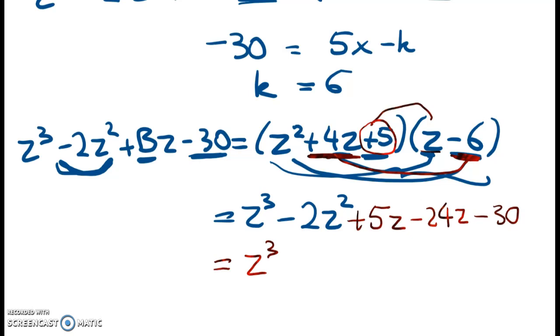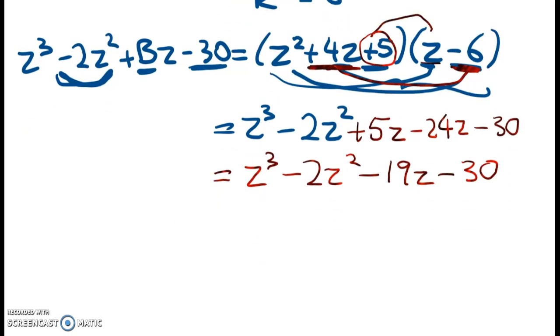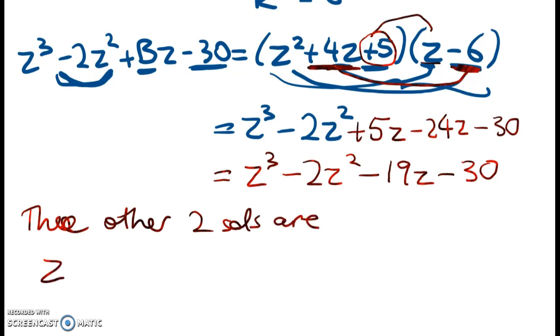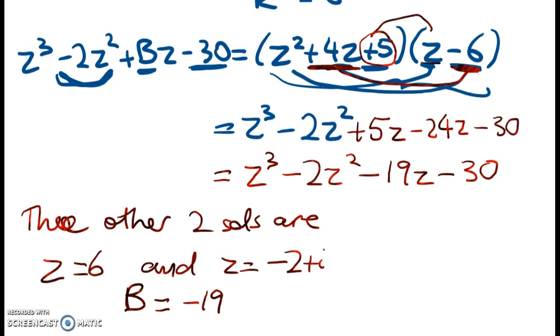So I end up with Z cubed minus 2Z squared minus 19Z minus 30. So we can finish the problem off by writing down the other two solutions. The other two solutions are Z equals 6 and Z equals -2 plus I, and B is equal to -19.